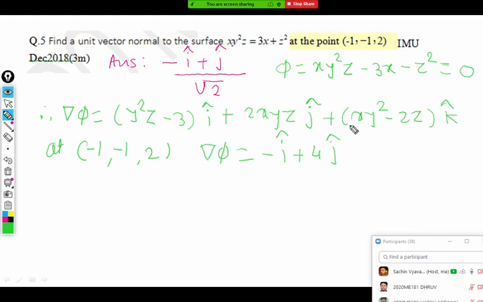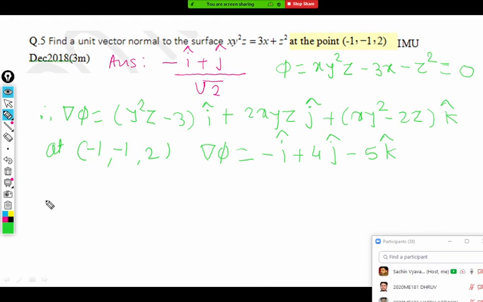And lastly, x square y minus 2z, so minus 1 minus 4, minus 5. Is that correct? Yes, sir. So we got this normal vector at a particular point, but the question is not that.